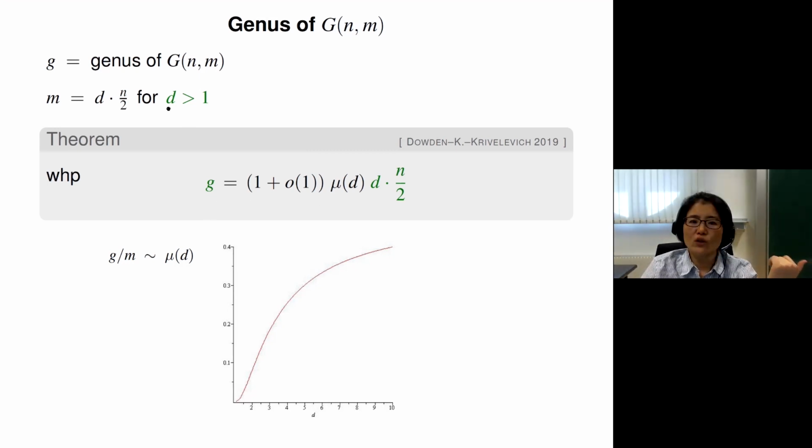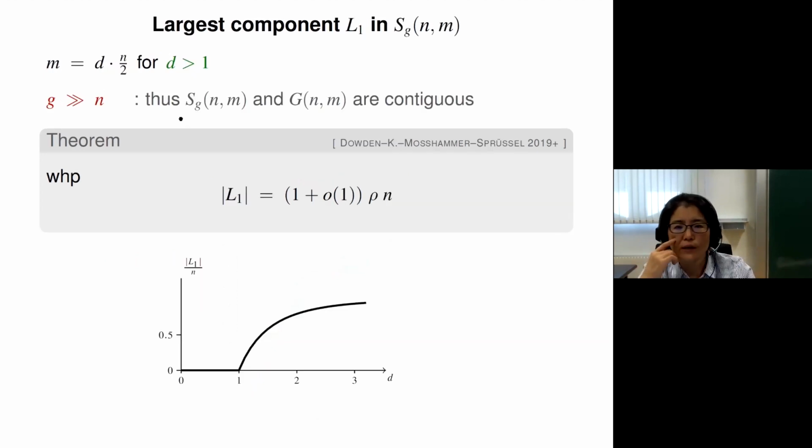Because the average degree is strictly larger than 1, this mu of d has a very nice formula. Indeed, it comes from the number of components, the number of trees and unicyclic components and so on. So mu of d is explicitly determined. But in this talk, it's irrelevant. What is relevant is that the genus is linear in n when the average degree is larger than 1. The consequence is the following.